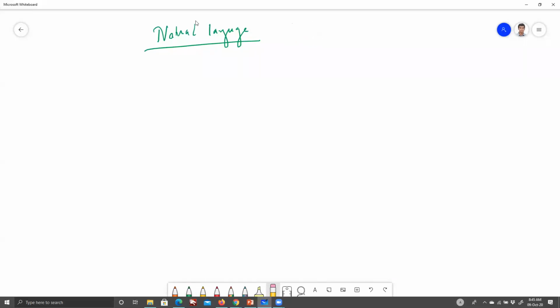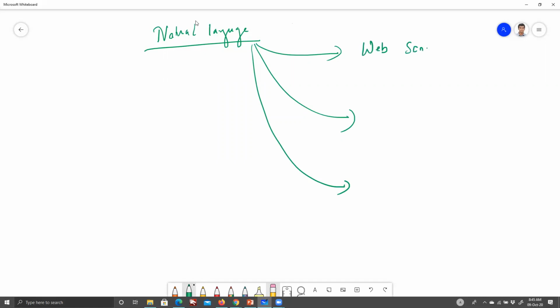What are the application areas actually? So where is natural language in computer systems utilized? There are so many fields that it will take hours to talk about all of them. But let's start with one. The very first thing is we will do a lot of web scraping, and that's where the very first instances start to come into play.